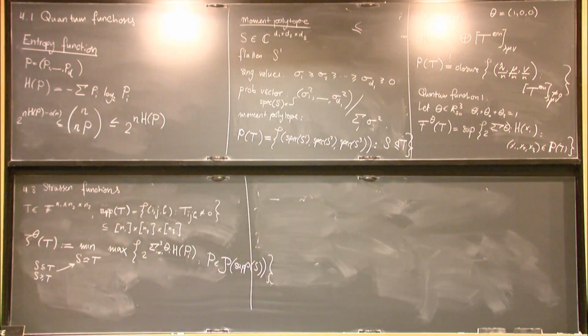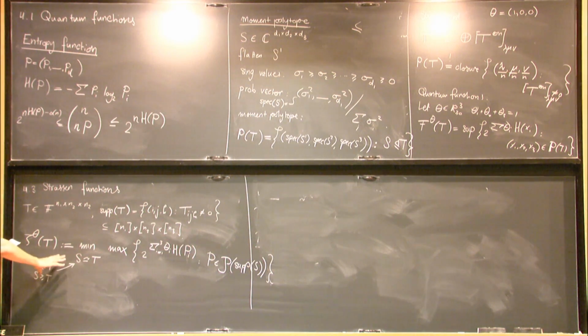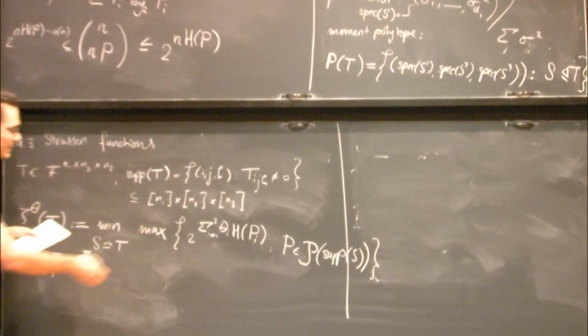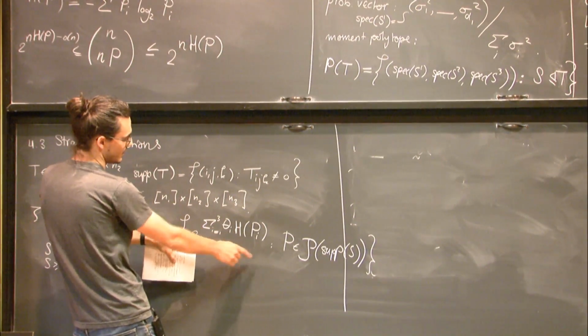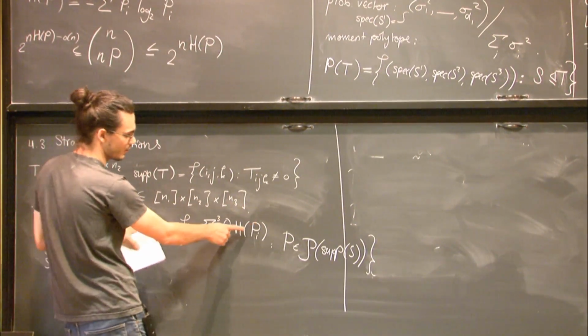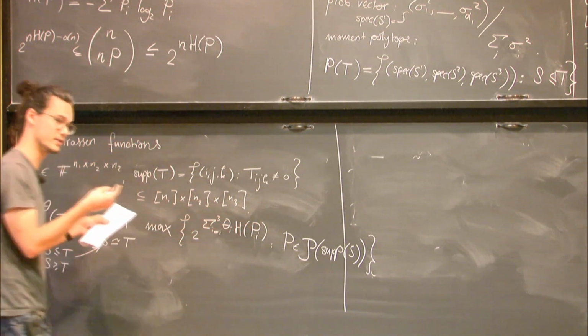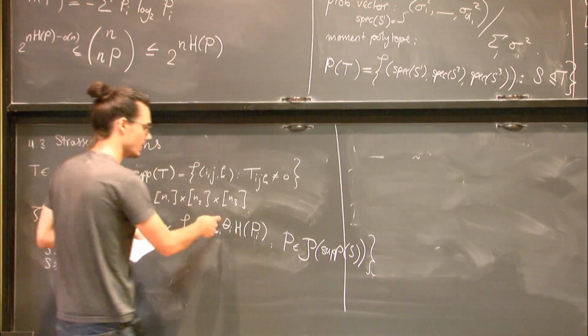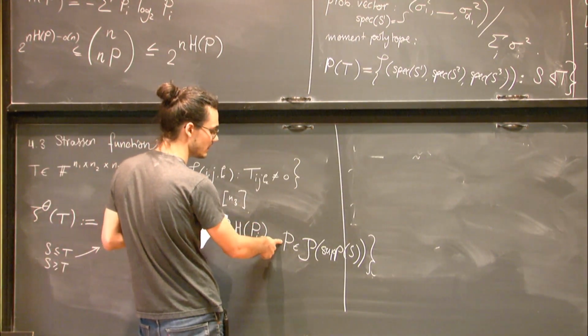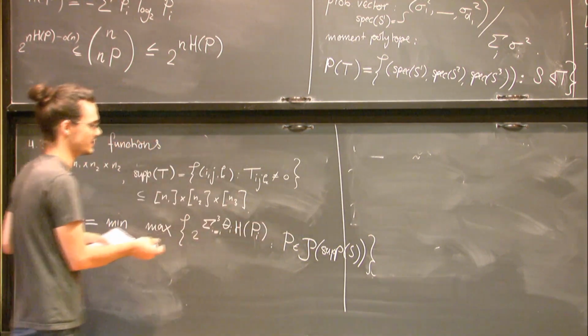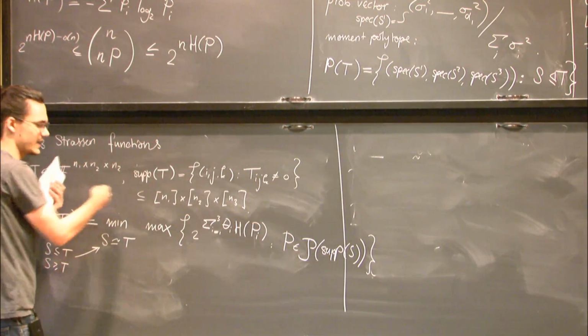Okay, so we start with T. We look at all tensors S that are isomorphic, that we can obtain by doing a basis transformation. And then we maximize this weighted average of Shannon entropies of the three marginal distributions of any probability distribution P on the support of S. The support of S is a set of triples, right?